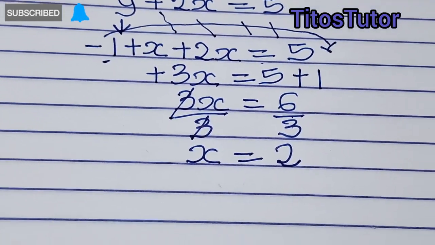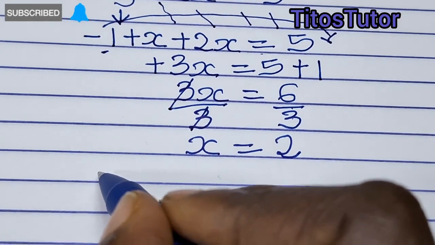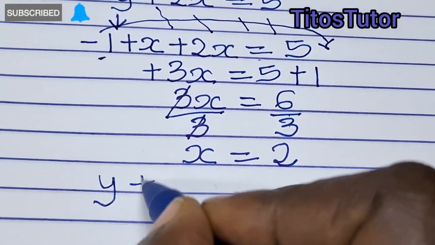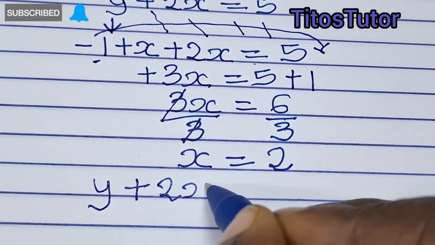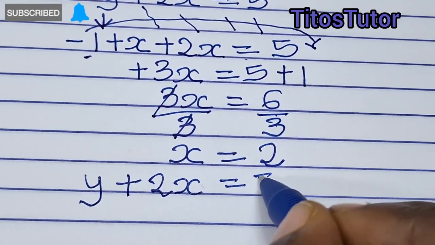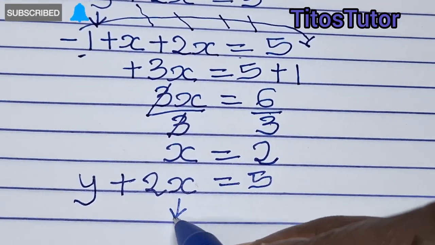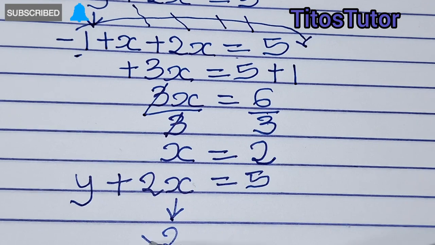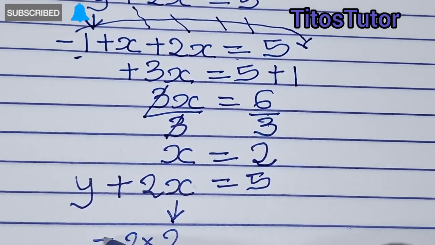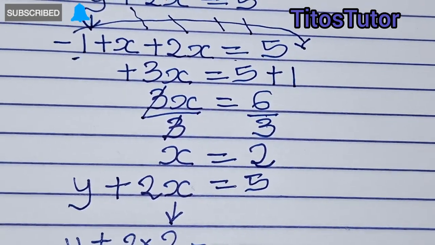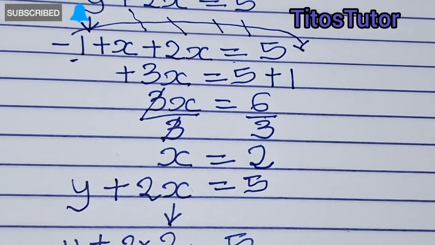Okay, so here's my equation 2. It says y plus 2x is equal to 5. Anywhere I see x, I put 2. So it's multiplying 2, plus y is equal to 5.